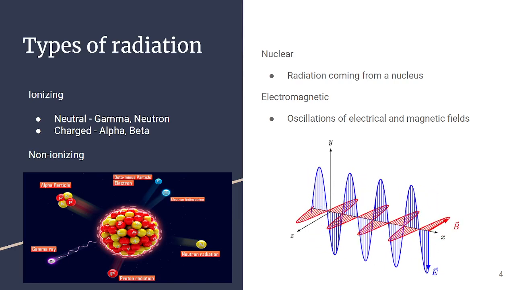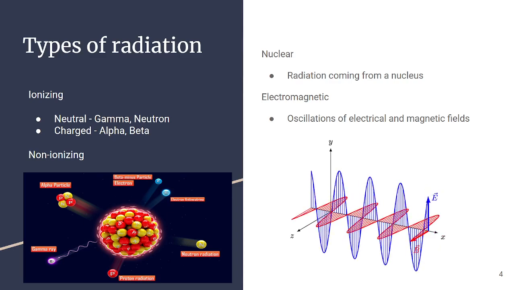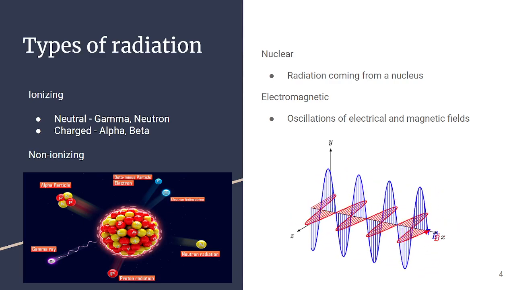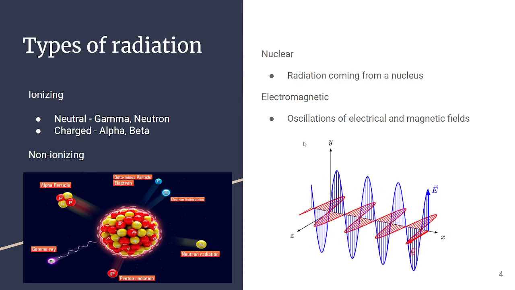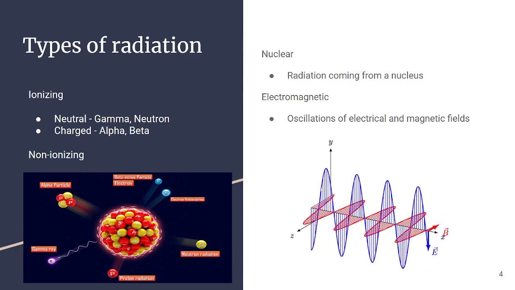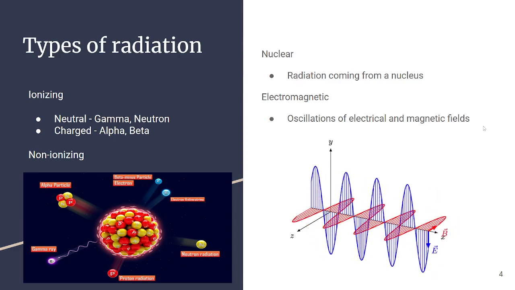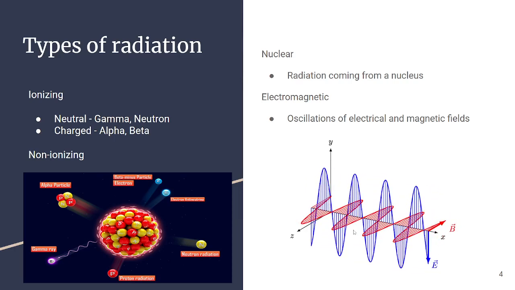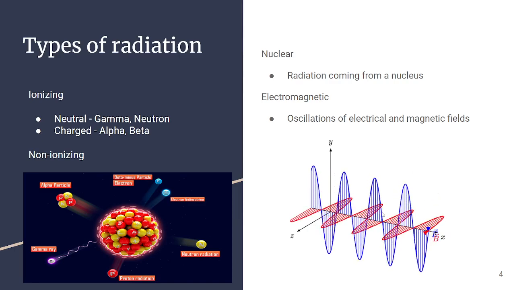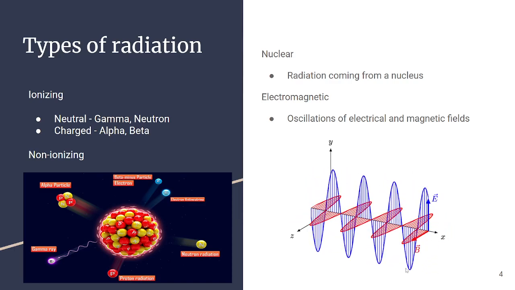It's what light is, what heat is, the radio waves, all that good stuff. And those are made through oscillations of electric and magnetic fields going through space. So basically, electric fields make magnetic fields, make electric fields, make magnetic fields.